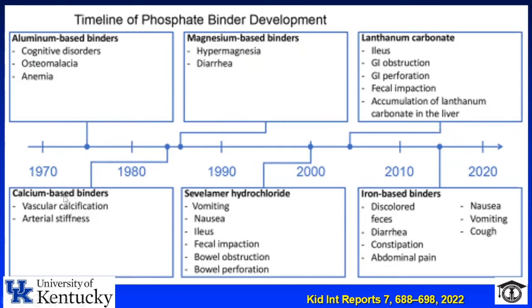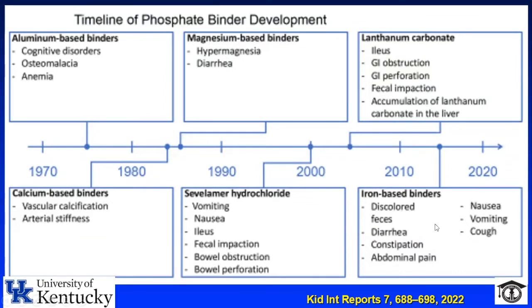Calcium-based binders can cause increased cardiovascular calcification risk and arterial stiffness. Sevelamer and lanthanum can induce a lot of gastrointestinal side effects, especially constipation, perforation, impaction, and bowel obstruction.